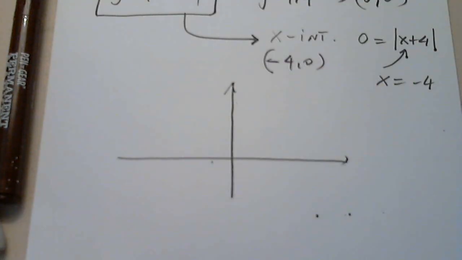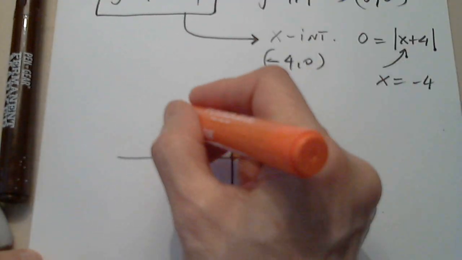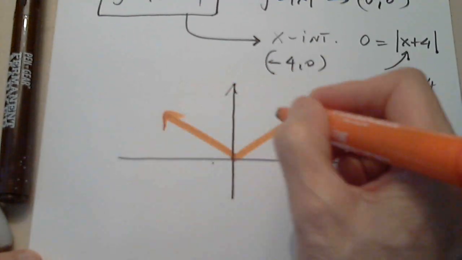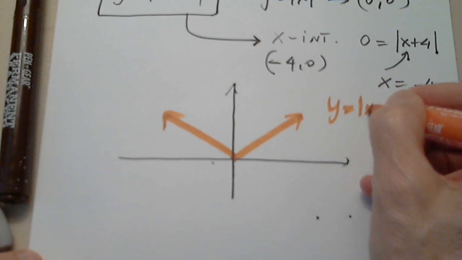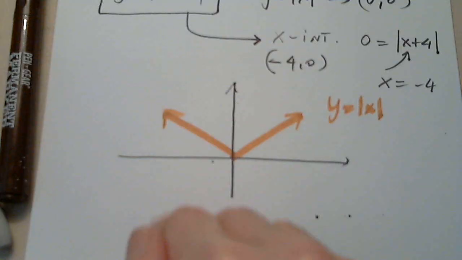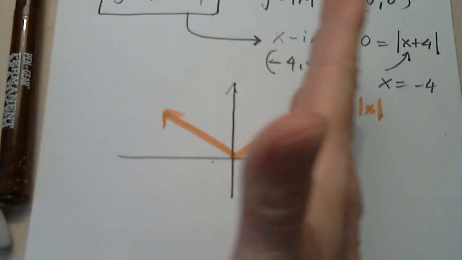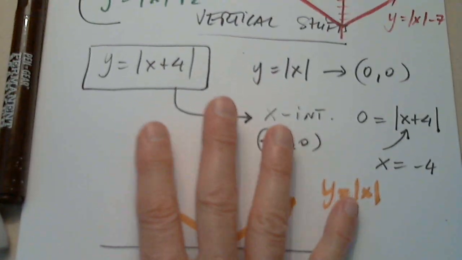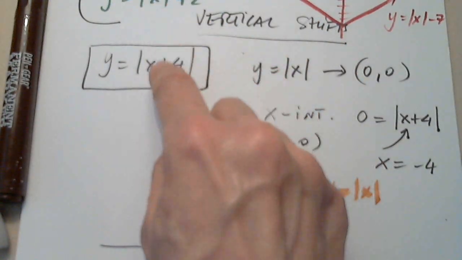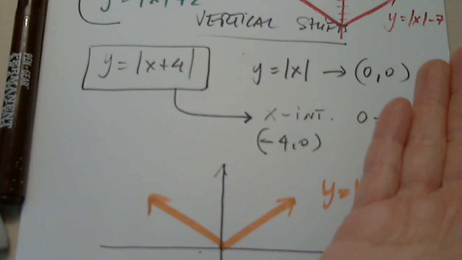So again, the original base function, the simplest of the simplest of the simplest, absolute value function, is this. And I mentioned that this is not a vertical shift, but it's a horizontal shift because I am changing the x, the inside of the function, not the outside.